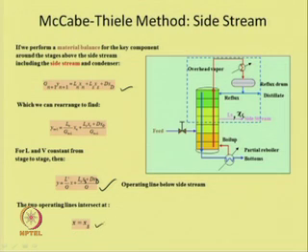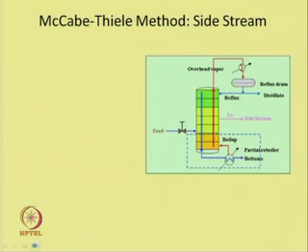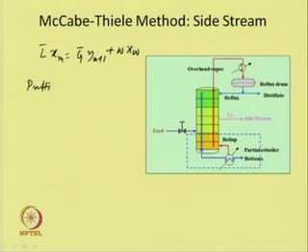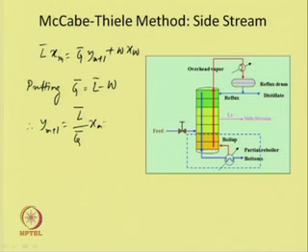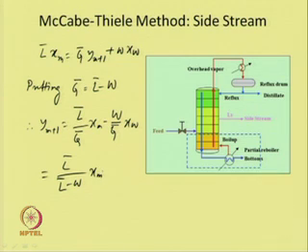at a point x is equal to x s. Now, if we do the material balance for the stripping section, L bar x m would be G bar y m plus 1 plus w x w, and if we rearrange this, putting G bar as L bar minus w, we can write y m plus 1 would be L bar by G bar x m minus w by G bar x w, which is equal to L bar by L bar minus w x m minus w by L bar minus w x w.